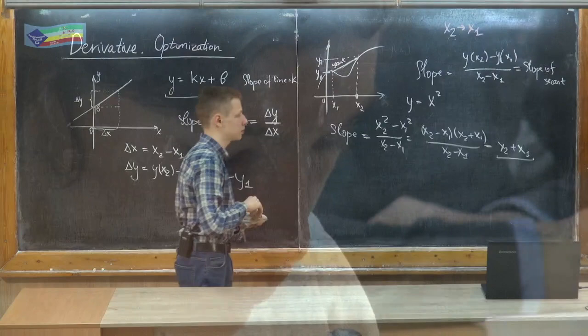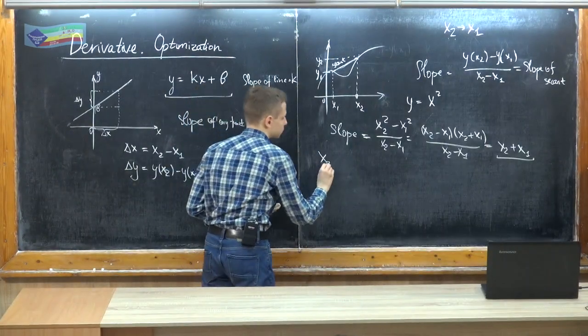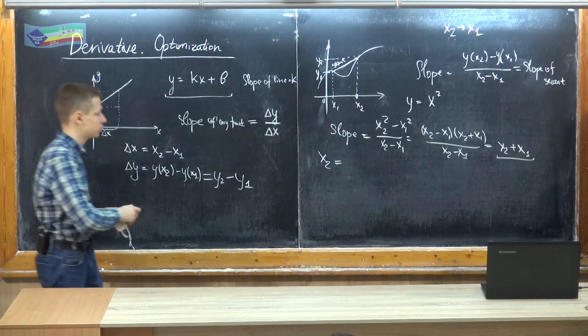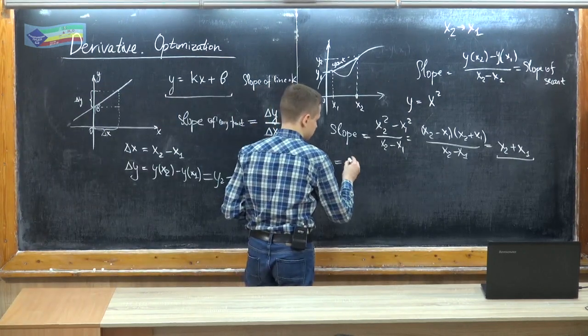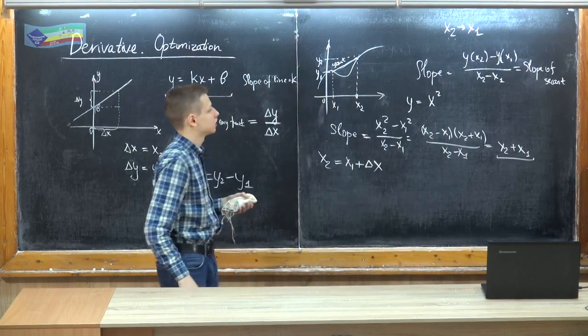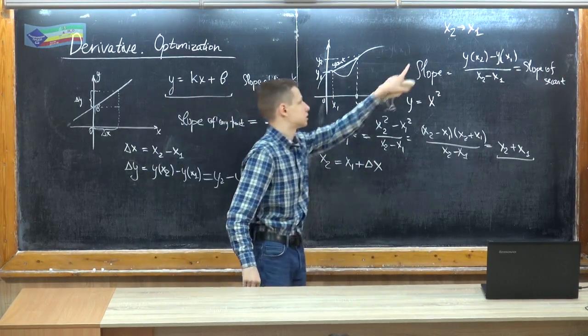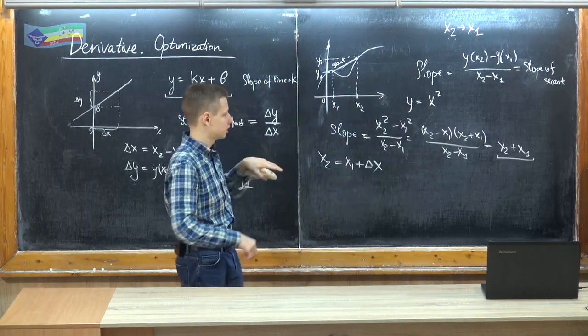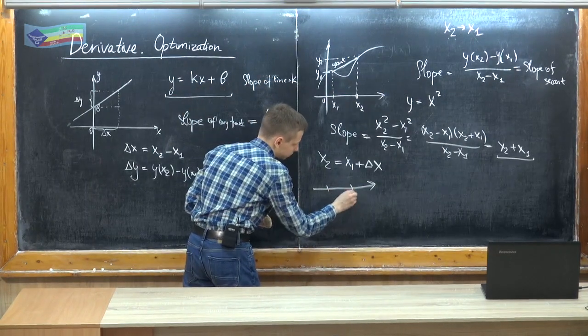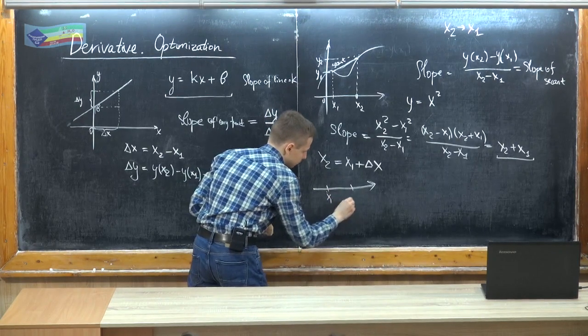So in that case, we can write down that x2, from this definition of delta x, is equal to x1 plus delta x. And because x2 is getting closer and closer to x1, we can see on the number line, this is our x1, this is our x2.